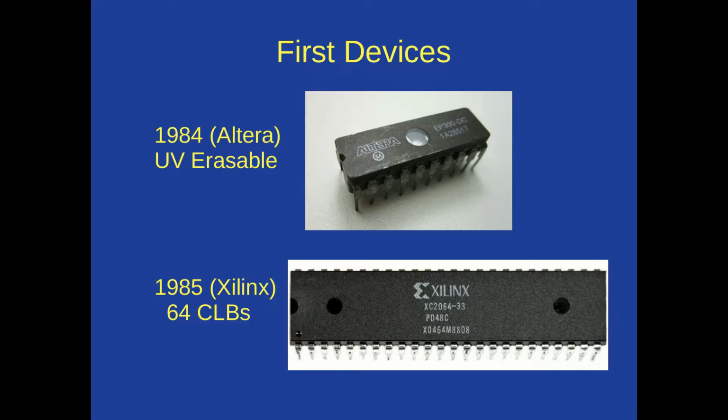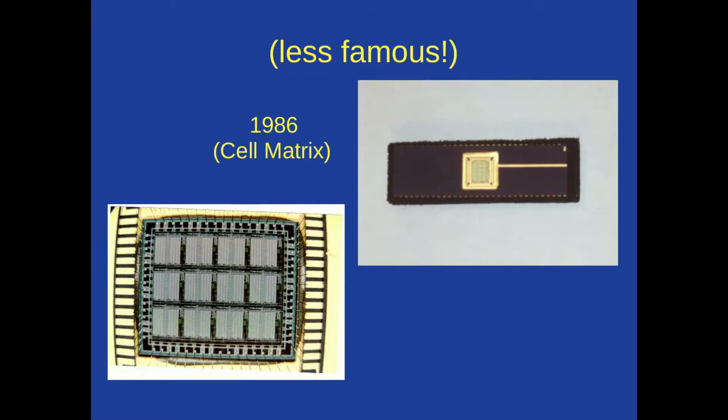The following year, Xilinx introduced their first chip. This had 64 programmable devices inside. Xilinx is the biggest player in FPGAs today. Just for the sake of the timeline, my favorite example, 1986, the following year, Cell Matrix introduced their first programmable device. And this had a humble 12 programmable devices inside, but it was designed so that each of these could actually program other elements inside itself.